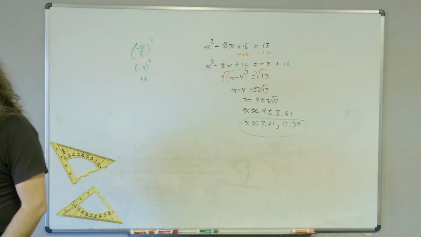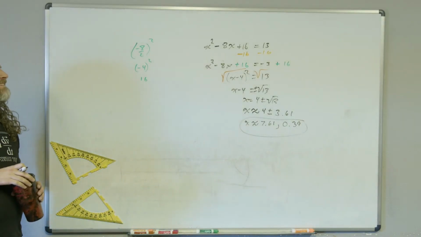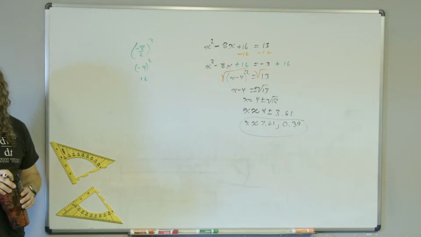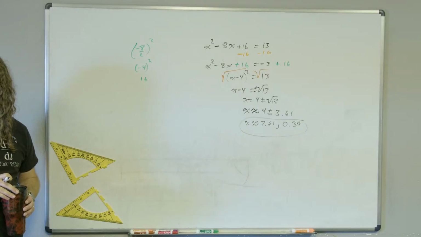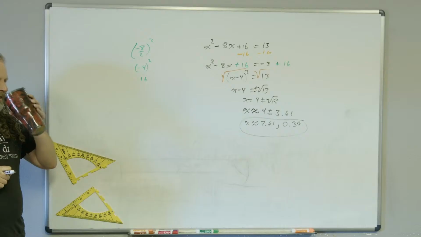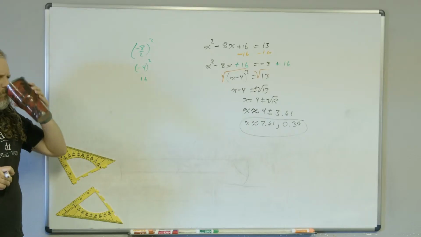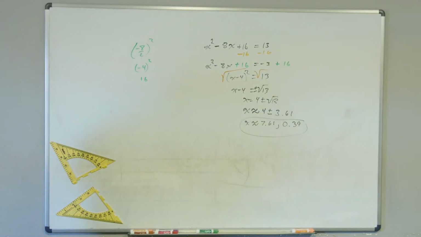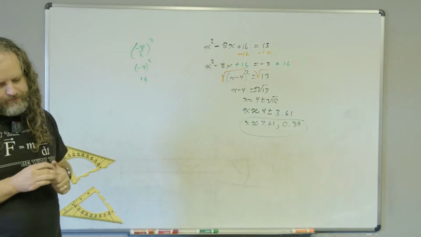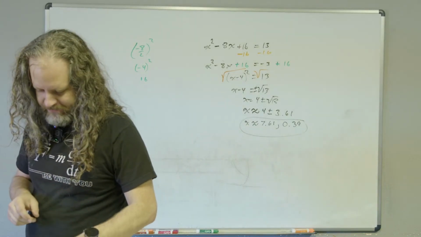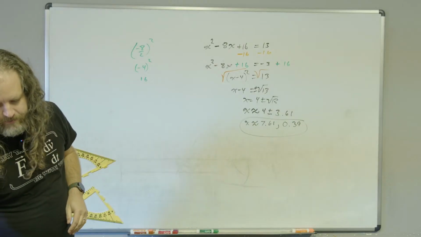I know what you were doing. You were not subtracting the 0.61 is what you were doing. Yeah. All right. What other questions do we have from this lesson?